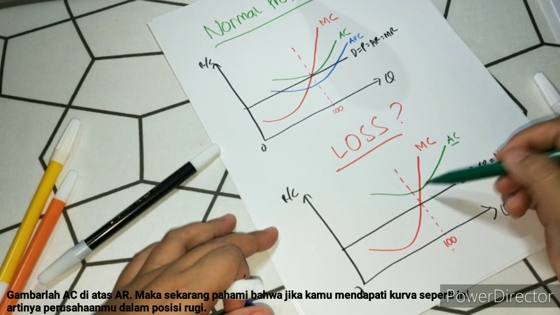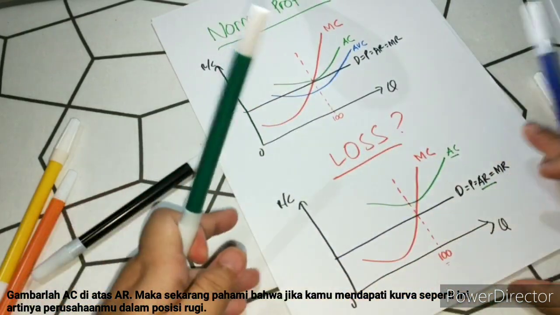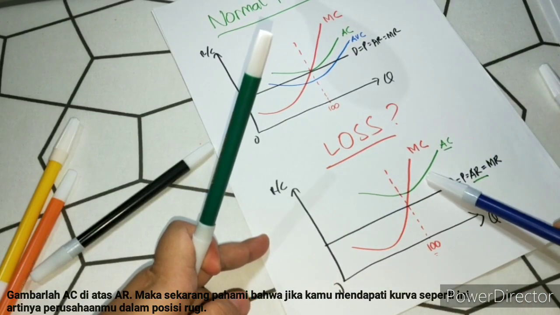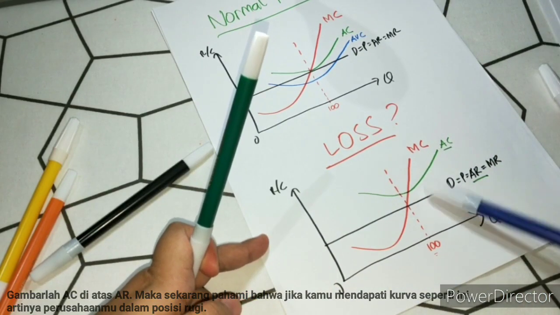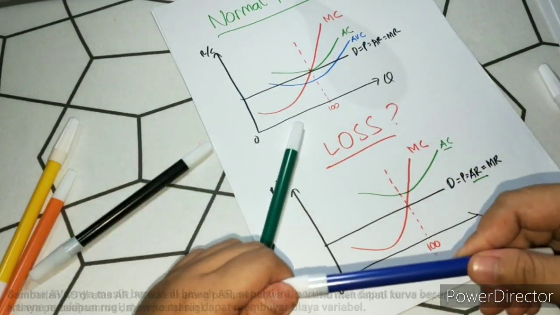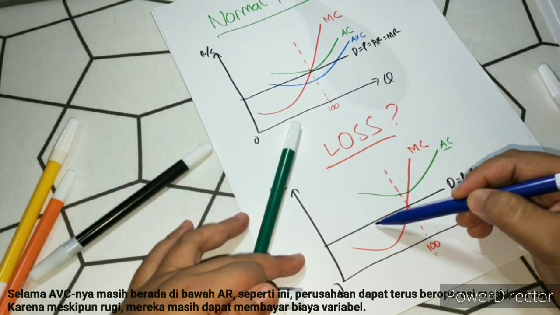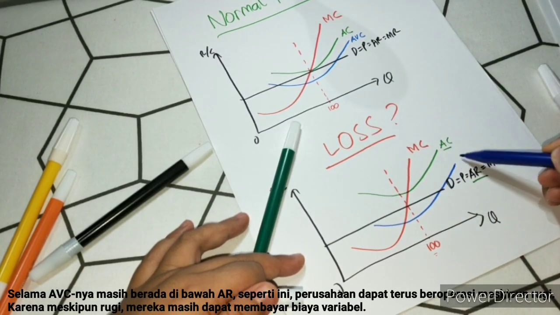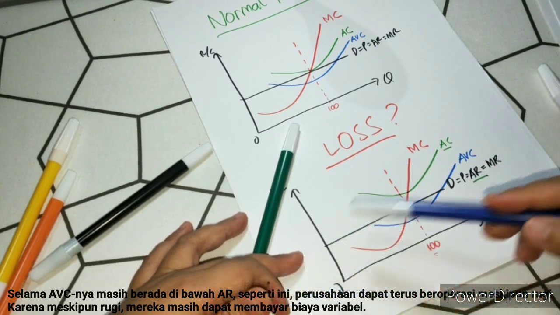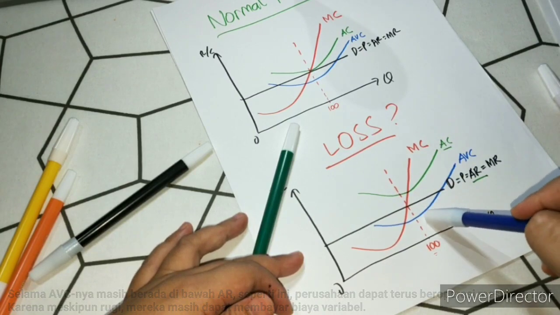If you draw it like this, you will understand that if you get a curve like this one, it means your company faces a loss. As long as the average variable cost is below the average revenue like this one, it will be okay to continue the company, because even if they get a loss, they can still pay their variable cost.